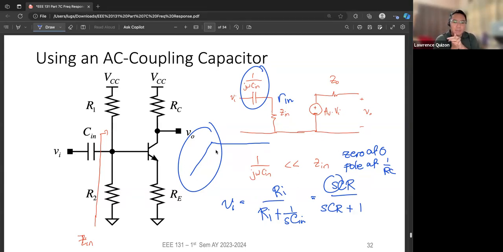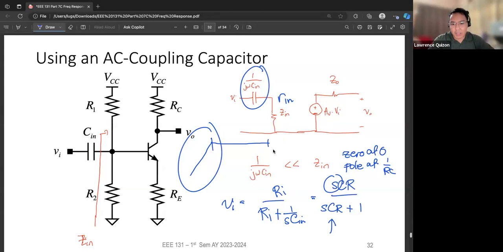How do we prevent that? Well, we want Cin to be very, very large, no? So when we use an AC coupling capacitor, you usually would like Cin to be very, very large para mababa yung pole, no? Para mababa yung pole so that you have a midband, no?